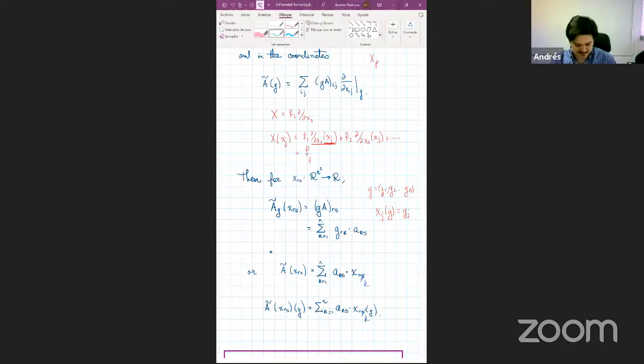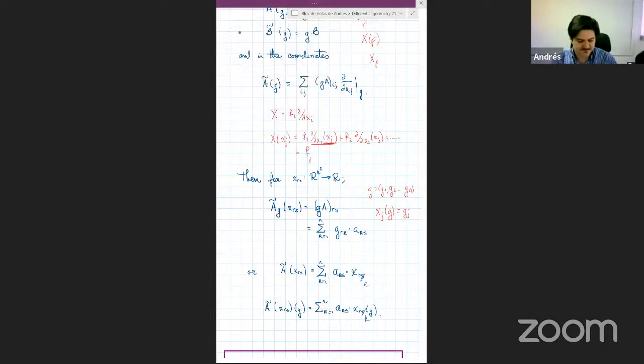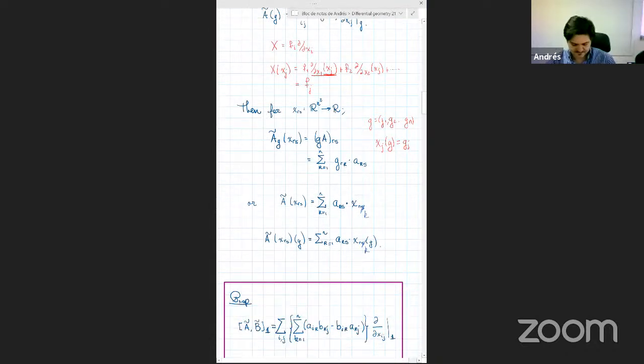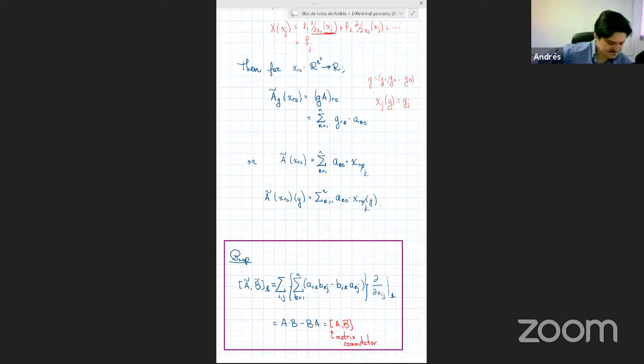Okay, so now we are ready to compute the Lie algebra operation. So remember that A and B are vectors. A tilde and B tilde are the induced left invariant vector fields. So I want to know this at the identity.